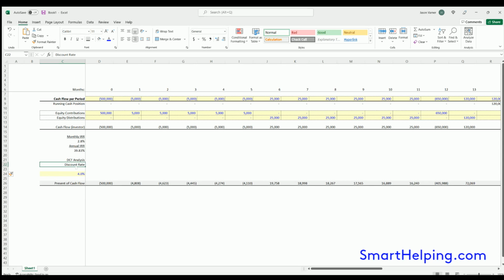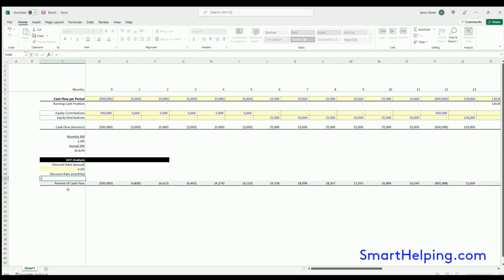Let's say if this is the annual discount rate, we'll make this black, then the actual discount rate we apply is same deal. We got to convert it from an annual rate to monthly.